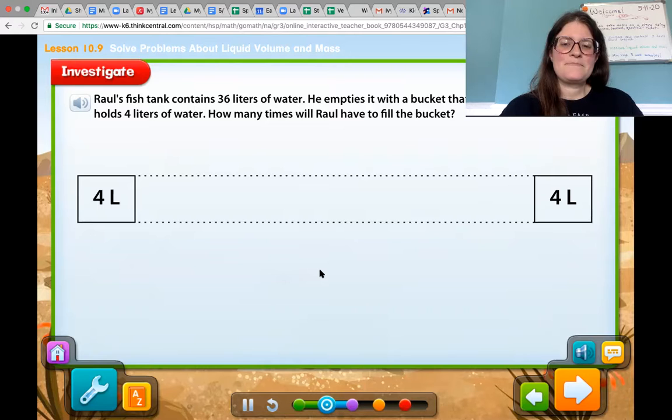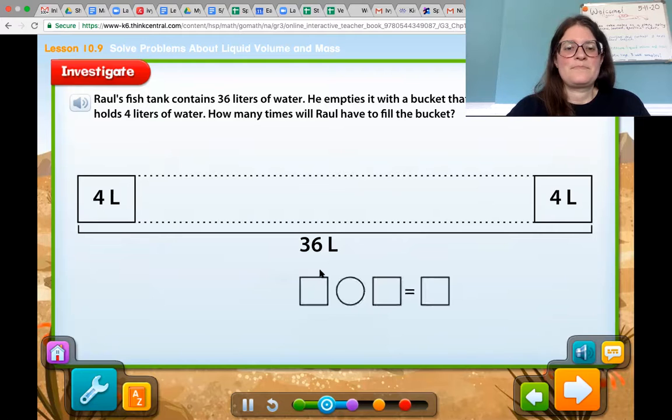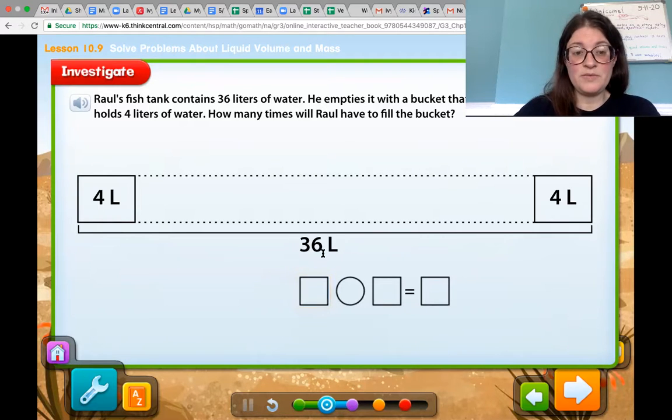We can show this by leaving the center of the diagram blank. The fish tank contains 36 liters of water, so the total length of the bar diagram represents 36 liters. To find out how many equal groups of 4 equal 36, you need to divide. Okay, so they're wondering how many groups of 4 are in 36.